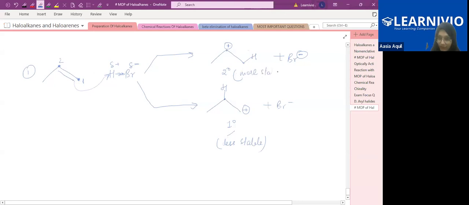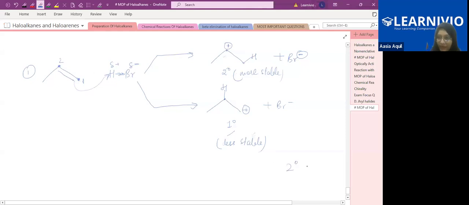Due to the more stability, the bromine will come and attach over here, and it will follow the Markovnikov addition rule. Due to this stability condition, this product will be the major product. This Markovnikov addition product will be the major one. Why? Because it forms the secondary carbocation, and in this case, it forms the primary carbocation.